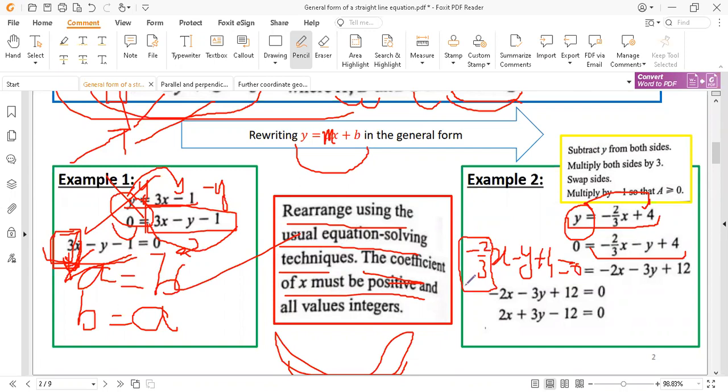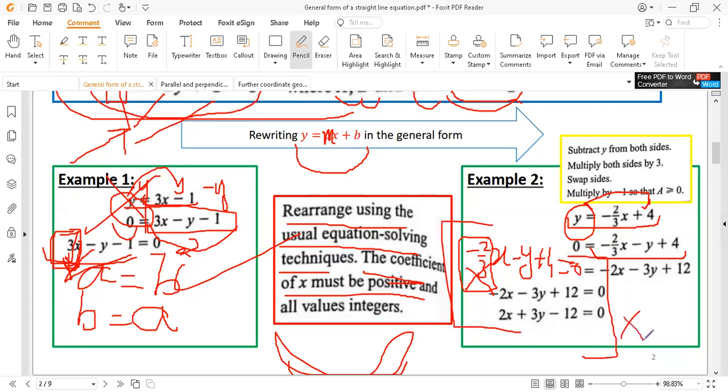It is a fraction. So to obtain an integer, we should get rid of the denominator. The denominator is 3. So to get rid of this denominator, we should multiply all the equation.